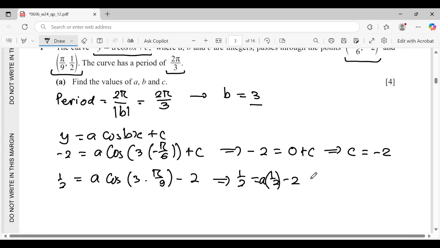So we can state that 1/2 a equals 1/2 plus 2.